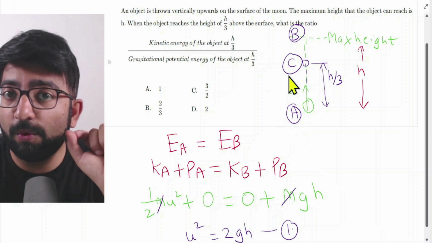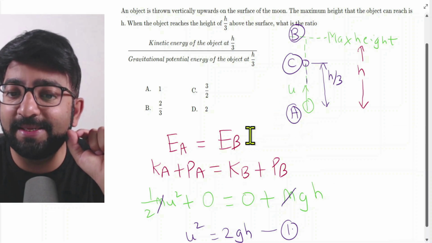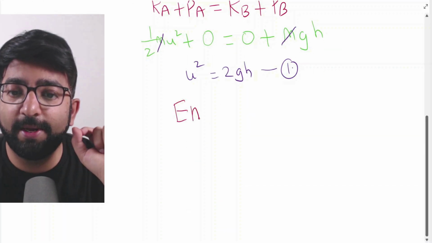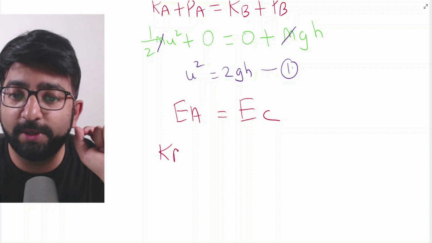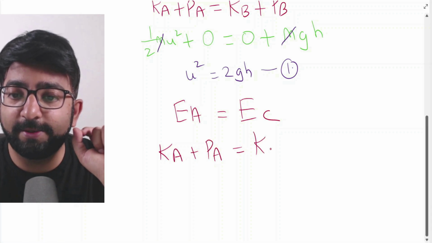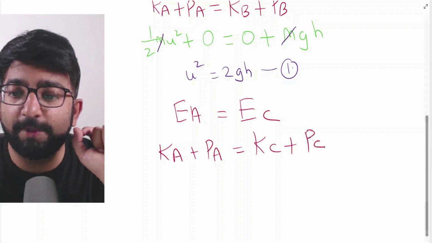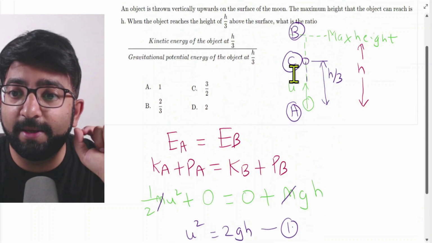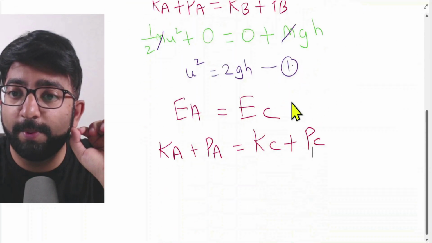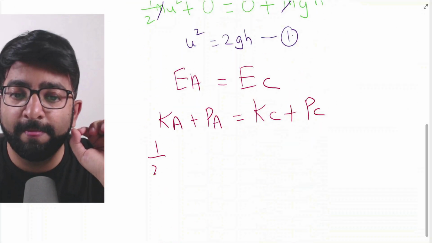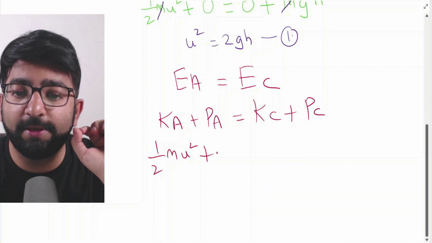Step 2, we have to equate the energies at A and C. So let's write down to equate the energy of A with C. Again, kinetic energy plus potential energy, both of them we have to consider for A as well as C. So Kc plus Pc. Kinetic energy at A, velocity was u, so it will become half mu square, and the ground potential energy is 0.